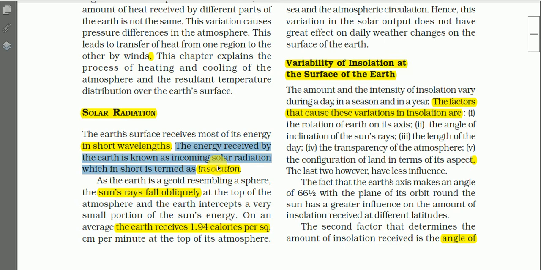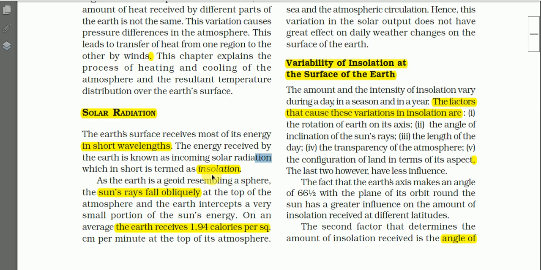The amount of energy received by the Earth from the Sun is known as insolation, a short form of incoming solar radiation. So here we have in, then solar, then we have Sun, insolation. Short form of incoming solar radiation.